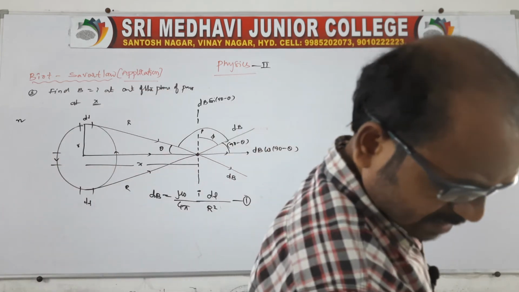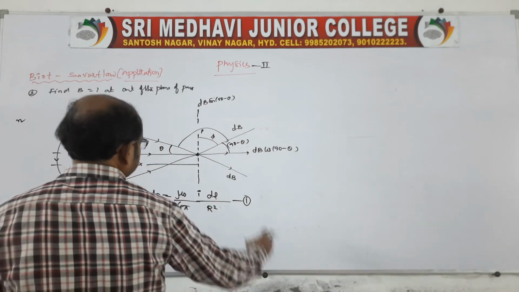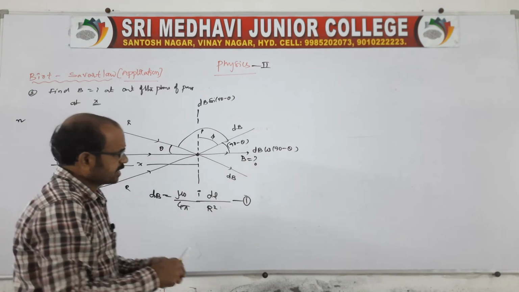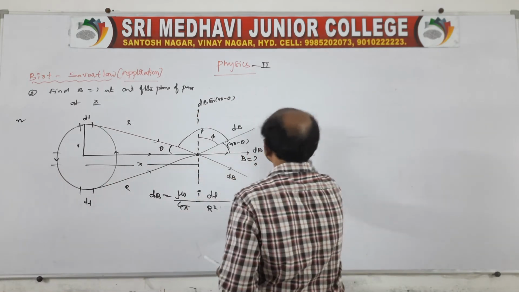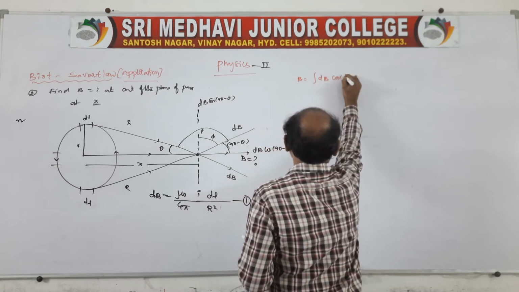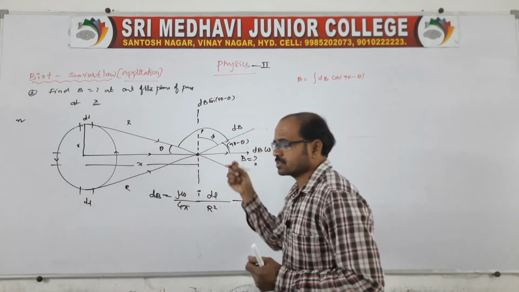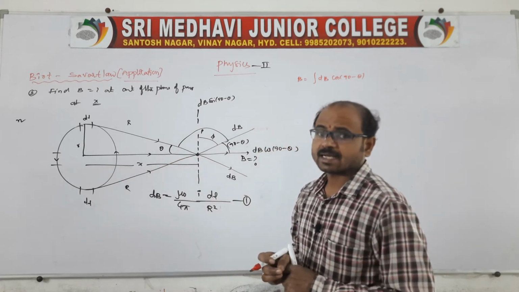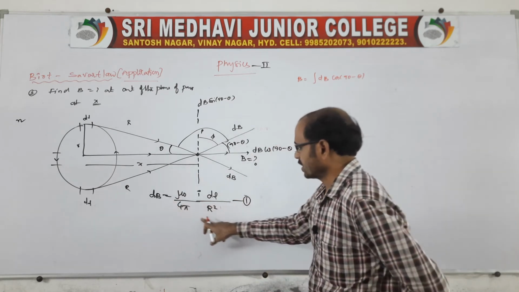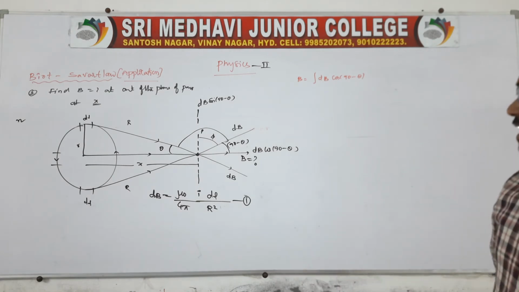and the other is dB sin 90 minus theta. Along the axial direction, B is equal to the integral of dB cos 90 minus theta. So dB we know, therefore you write dB this, and cos 90 minus theta is nothing but sin theta.